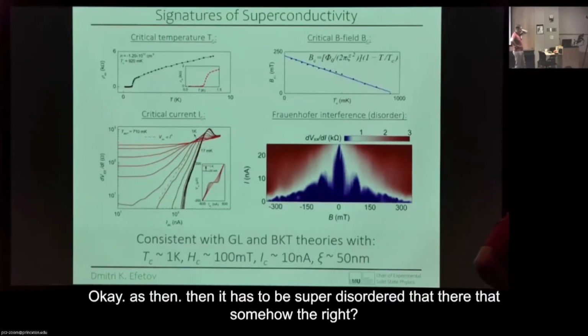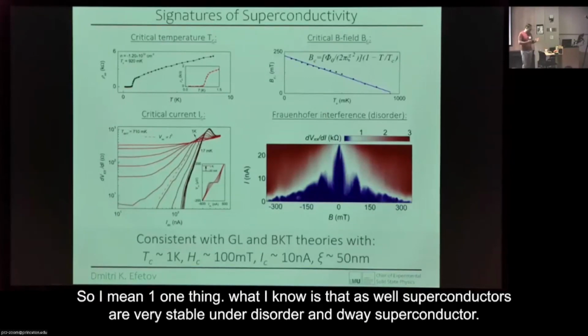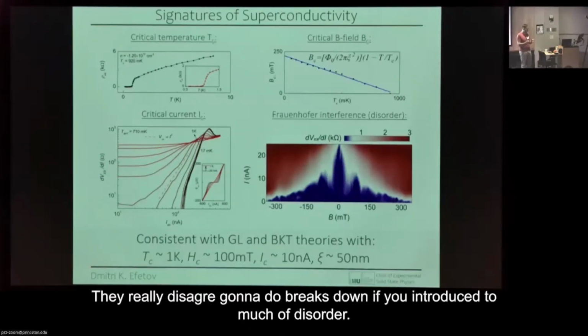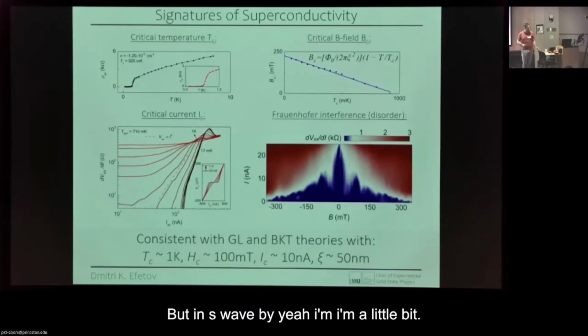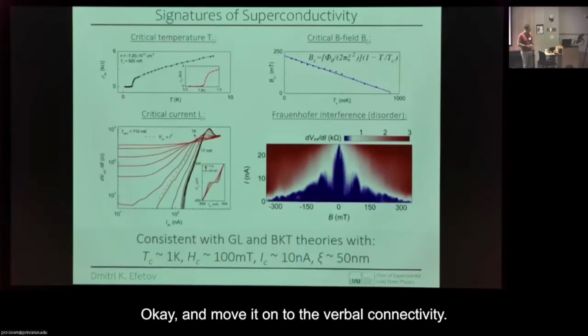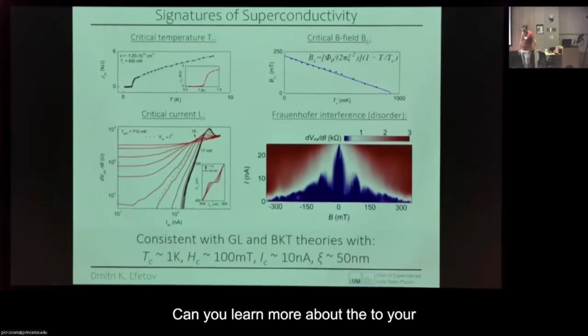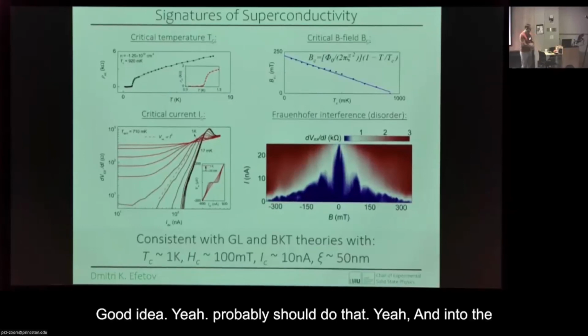One thing I know is that S-wave superconductors are very stable under disorder, and in D-wave superconductors the superconductivity breaks down if you introduce too much disorder. But in S-wave, I'm a little bit puzzled. Moving on to thermal conductivity, can you learn more about the superconducting state by simultaneously recording the thermal Hall conductivity in addition to your conductance data? Good idea. Probably we should do that. All right, nice job.